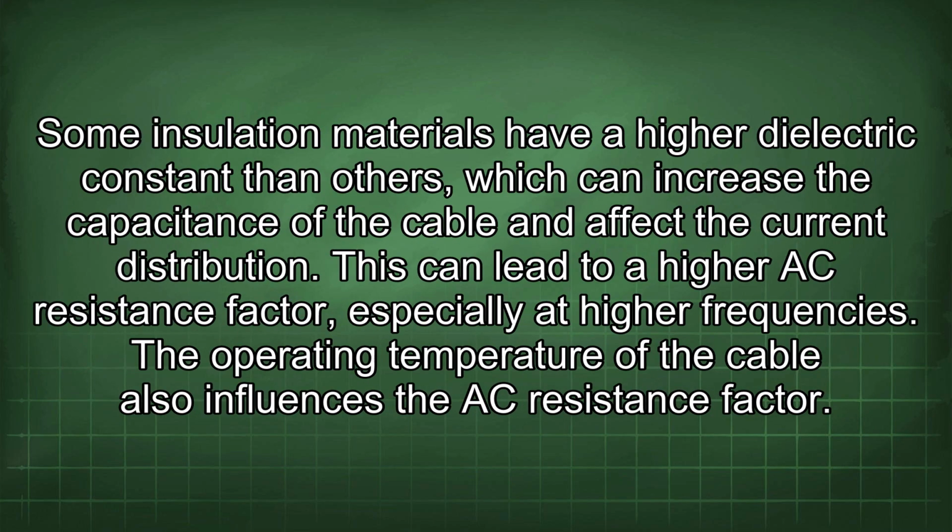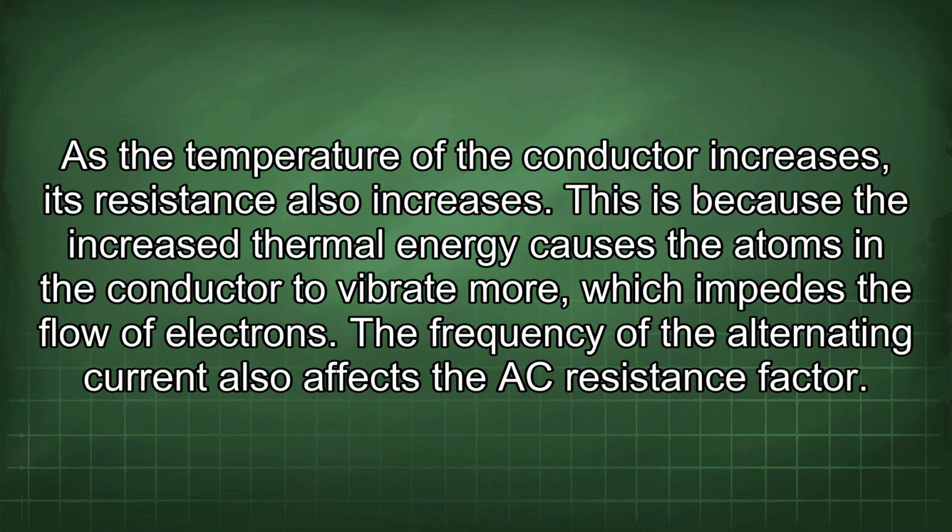The type of insulation material used in a cable can also affect the AC resistance factor. Some insulation materials have a higher dielectric constant than others, which can increase the capacitance of the cable and affect the current distribution. This can lead to a higher AC resistance factor, especially at higher frequencies. The operating temperature of the cable also influences the AC resistance factor. As the temperature of the conductor increases, its resistance also increases.